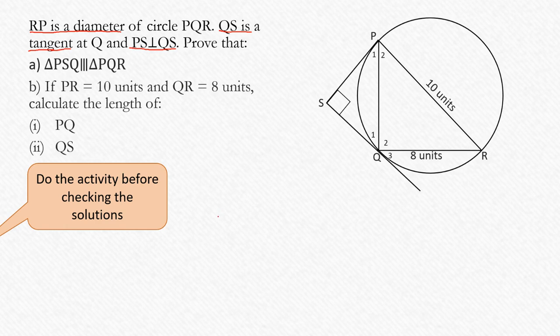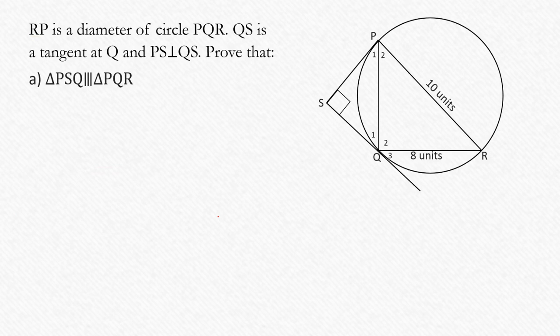Okay, let's start. As usual, let's start by matching our angles. Let's just highlight our triangles: PSQ, that's triangle PSQ, and then PQR, that's triangle PQR. So angle P, it means P1 for triangle PSQ, will go with angle P, it means P2 for triangle PQR.